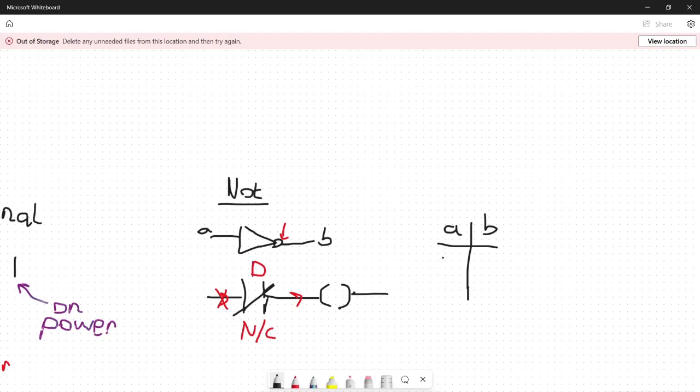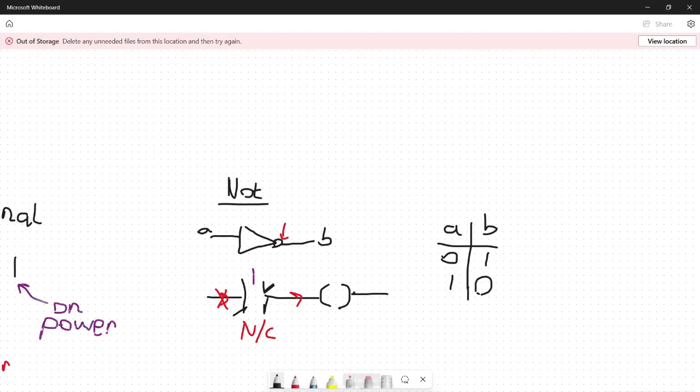So when I apply an input of 0 to this normally closed switch, it's going to remain closed, and that means the current's going to flow, so we're going to get an output here, which means if we have an output of on, we're going to get a 1. But now when I switch this to 1, what happens? It opens up, and then there is no power coming to here. So when I have an input of 1 to this gate, there'll be no power output, so I get a 0.